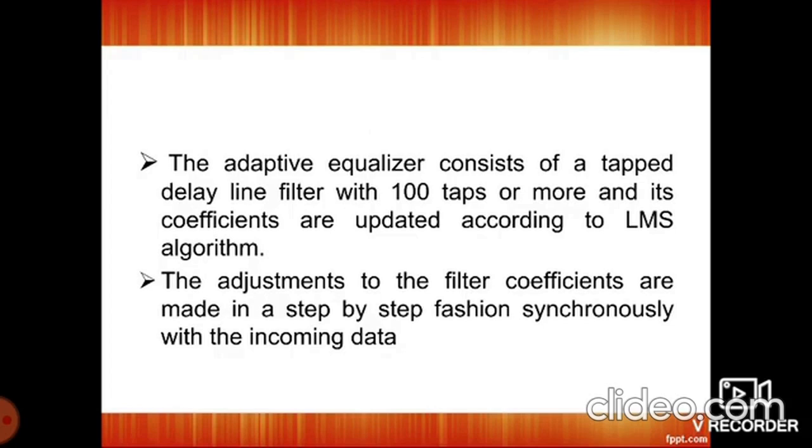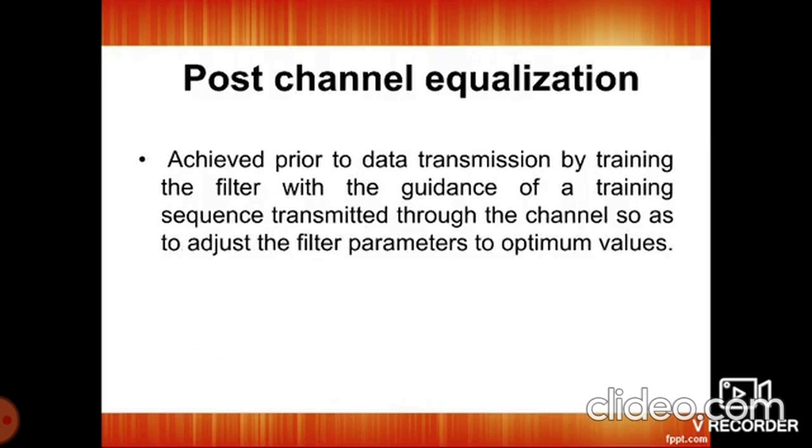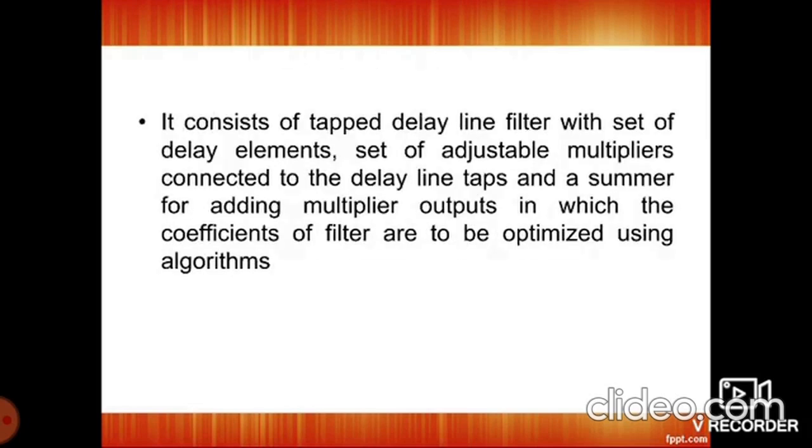The adjustments to the filter coefficients are made in a step-by-step fashion, synchronously with the incoming data. It is the reverse in the case of post-channel equalization, which happens at the receiver side, and is achieved prior to data transmission by transmitting a training sequence through the channel. That is called post-equalization.